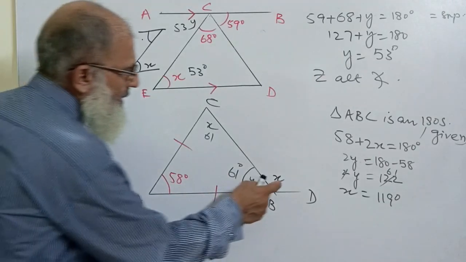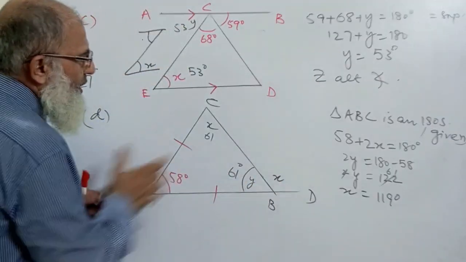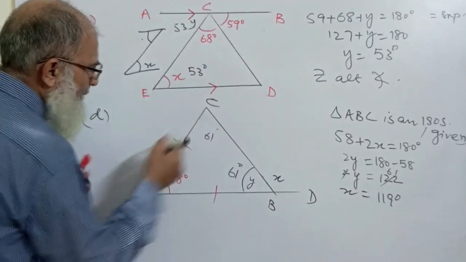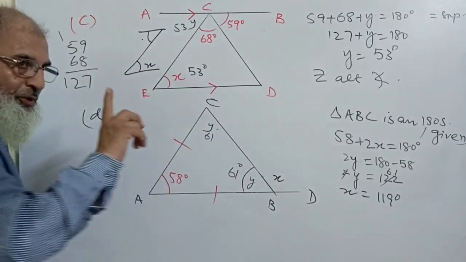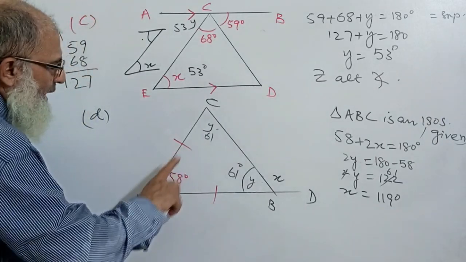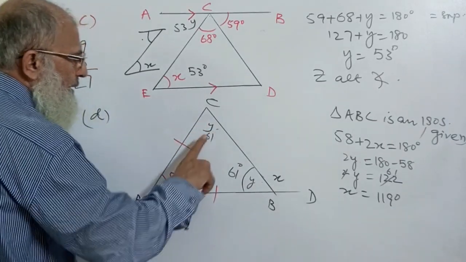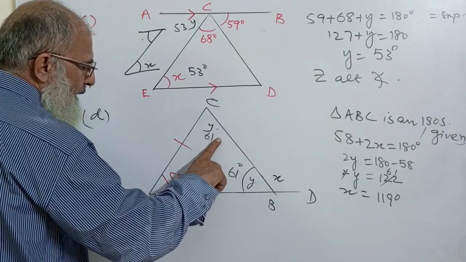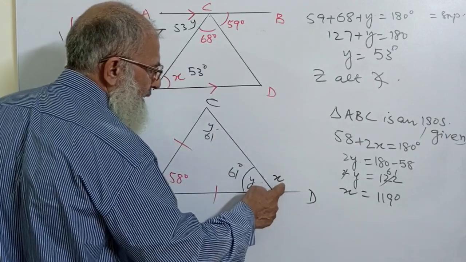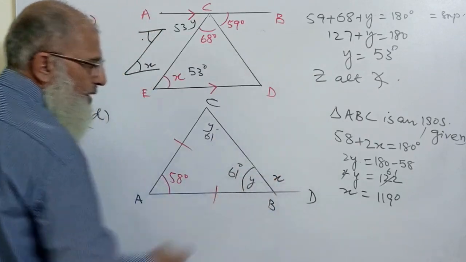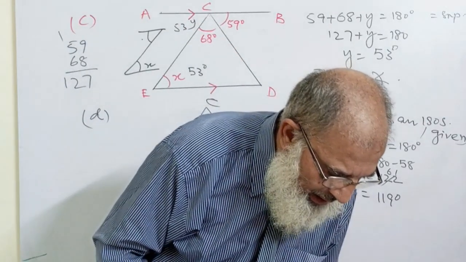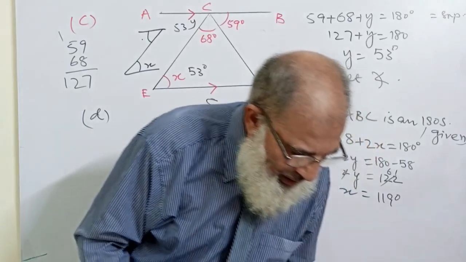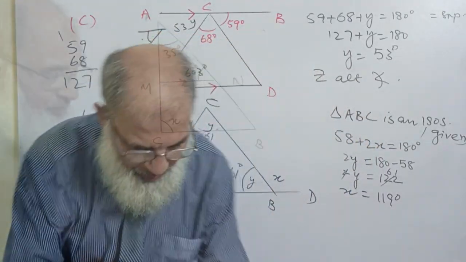In fact, this is the angle x, this is the angle y. If this is angle y, this is also angle y. Okay. So I am once again saying that you can use both the reasons: that the sum of two interior angles is equal to one exterior angle, or you can simply use the supplementary angle. Now there are two questions left only in this question. Let me do it for you.